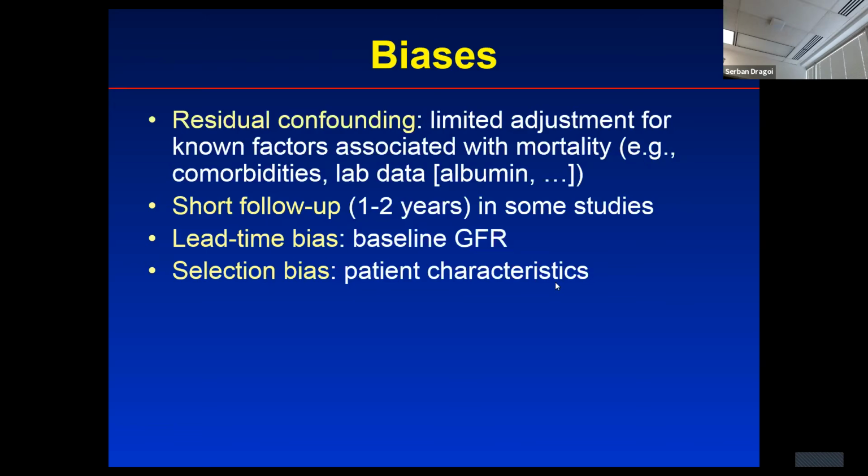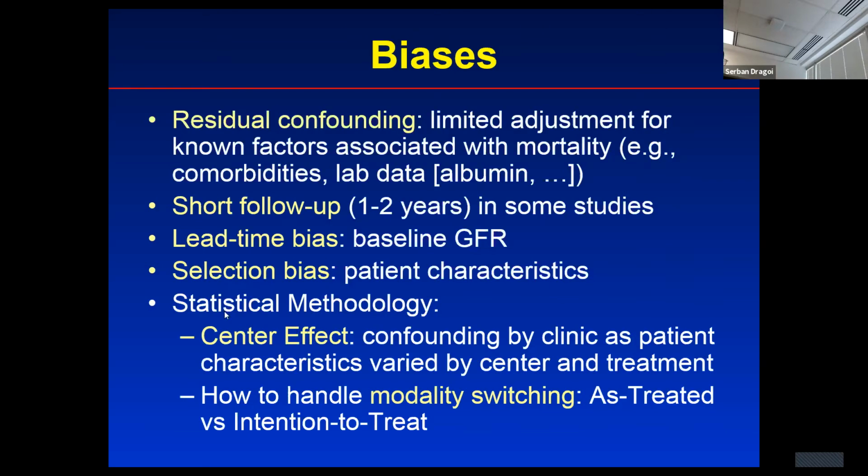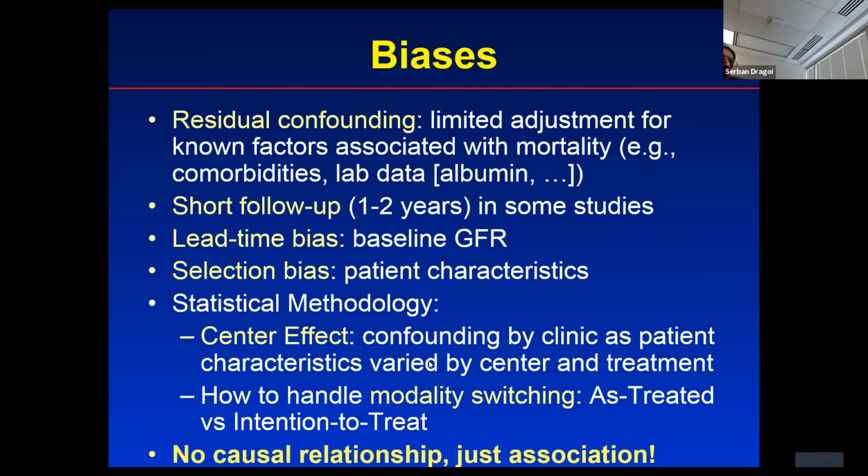Selection bias, patient characteristics play a role there. Statistical methodology, center effect, confounding by clinic, as patient characteristics vary from academic center to academic center performing these studies. And then how to handle the modality switching, as treated versus intention to treat, also complicates things.